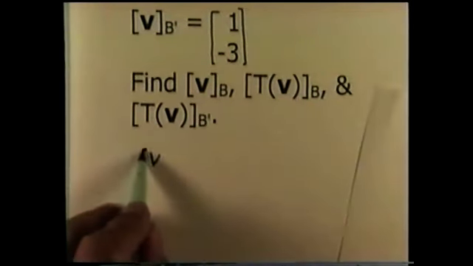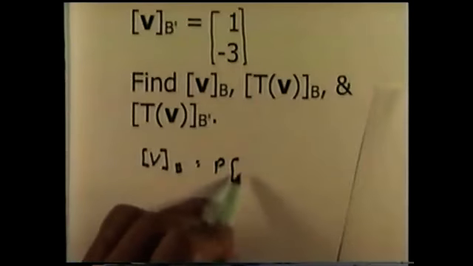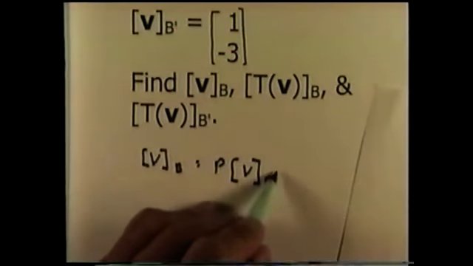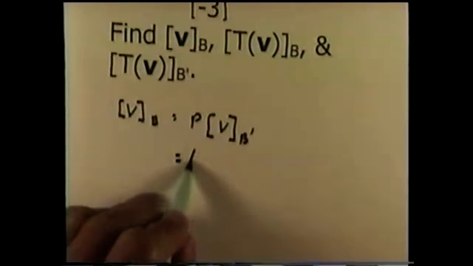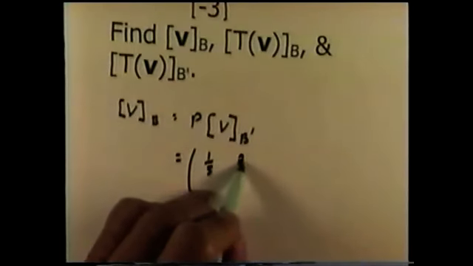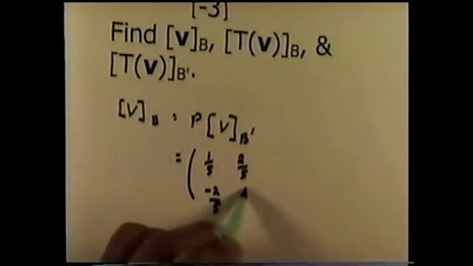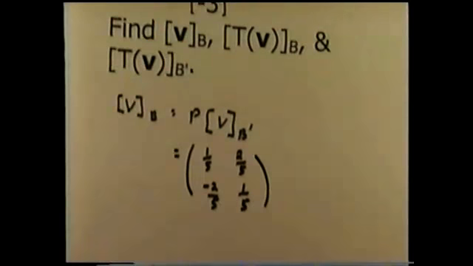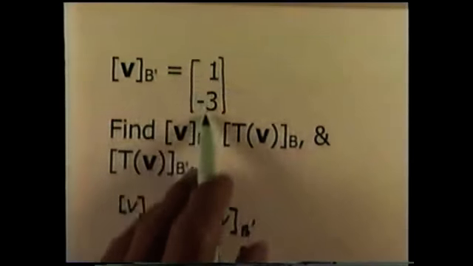We can read that off the chart. If you look back in your notes for P, you'll see that P is 1/5, 2/5, -2/5, 1/5, times the coordinates of V with respect to B prime, which would be 1, -3.